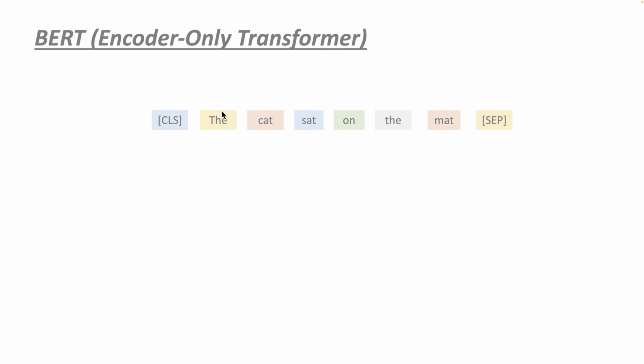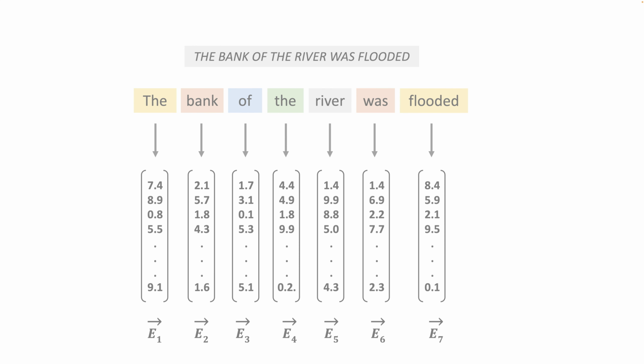And of course, every single token will have a word embedding representation, exactly as we have discussed in the previous chapter. So the token the can be represented with this word embedding vector. Then we have another word in the input sequence, for example bank. The bank can be represented with this one-dimensional vector, that is another word embedding vector, and so on.